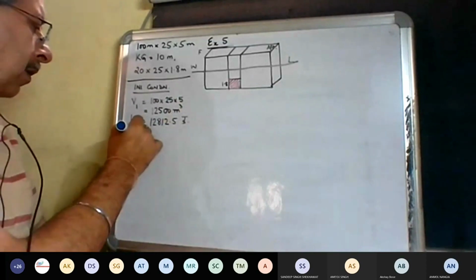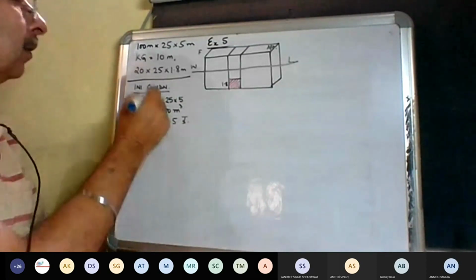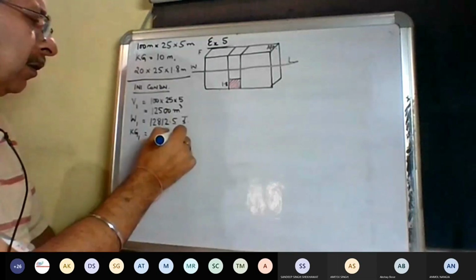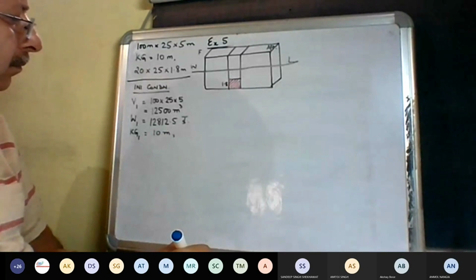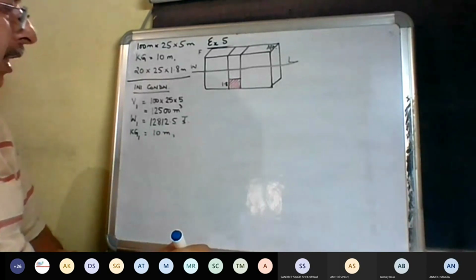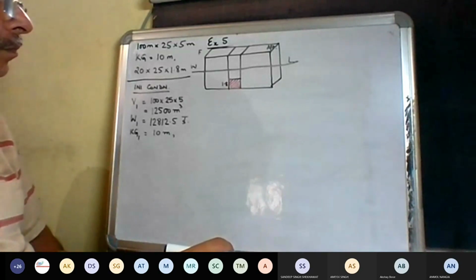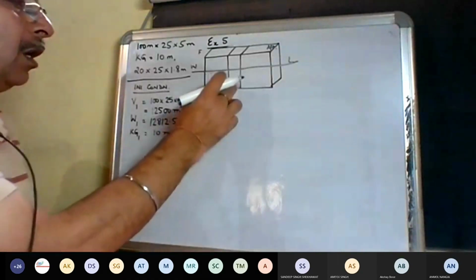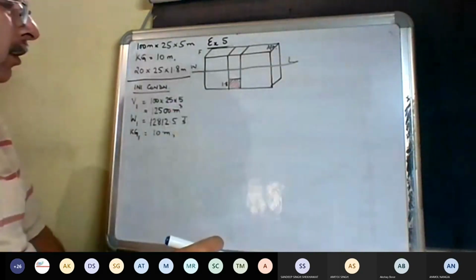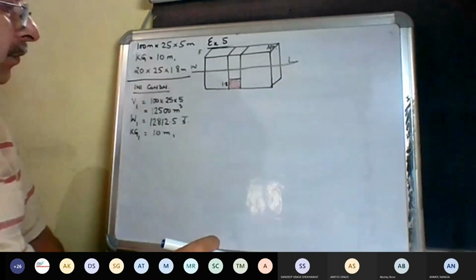KG1 is given to us as 10 meters, the initial KG of the vessel. This is my initial condition. How much is the quantum of water that I have in my initial condition?